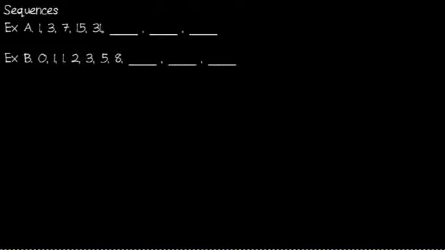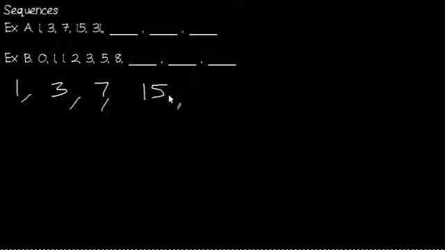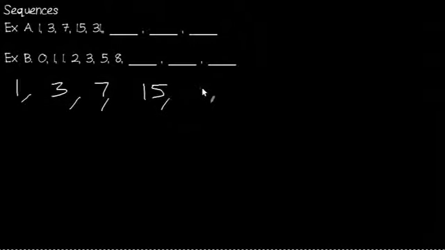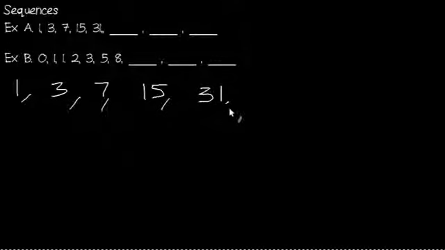Let's try a couple of more challenging examples. We have two here. Let's first look at example A. In that one, you have the sequence 1, 3, 7, 15, 31, and 3 spaces after this.